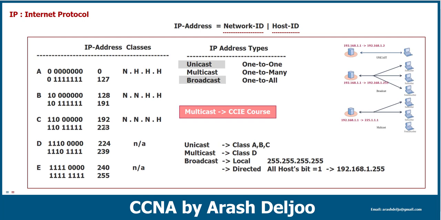If the number is between 192 and 223, that is a class C IP address. If it is between 224 and 239, that is a class D IP address. And finally, between 240 and 255 is a class E IP address.